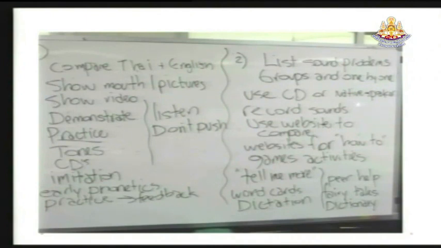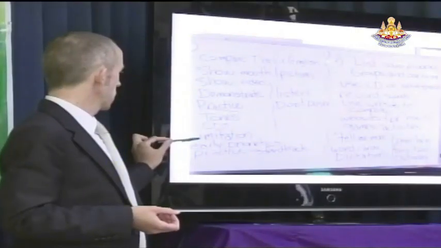Practice, and practice, and practice. Practice is important. Talk about the tones of Thai, and the difficulty in English. Use CDs, of course. If you have music, CDs, audio, natural native speaker, that's good. Imitation, copy native speaker pronunciation, good idea.